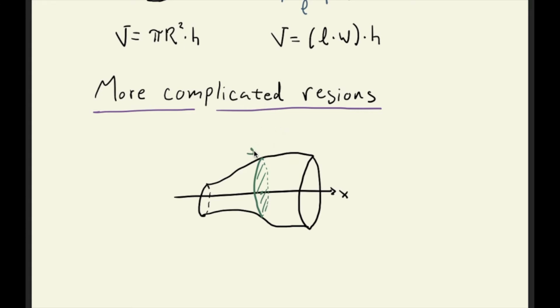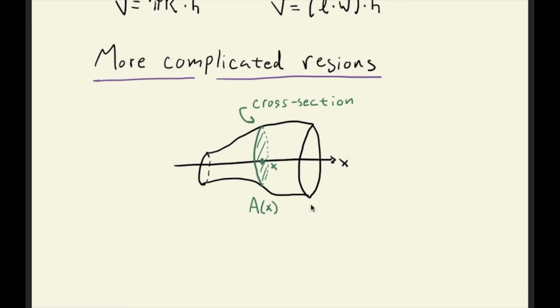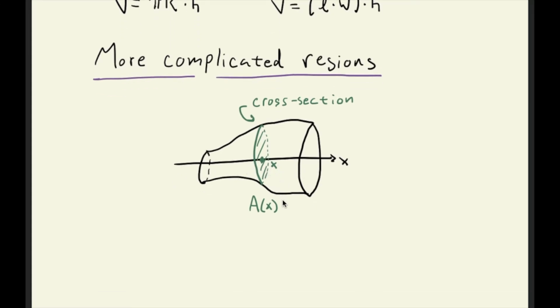So this is what we're going to call a cross section of the region. And what we must do here to try to compute this volume is try to compute how the area of this cross section changes as we change our choice of the variable x, right? So for different values of x, the area of this cross section is going to be different.